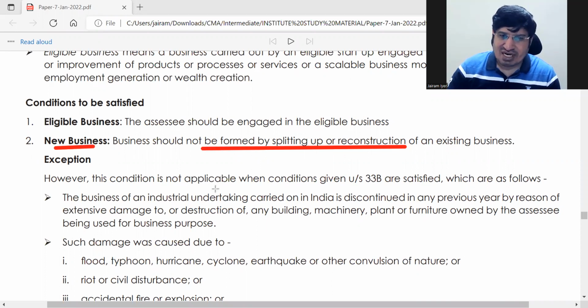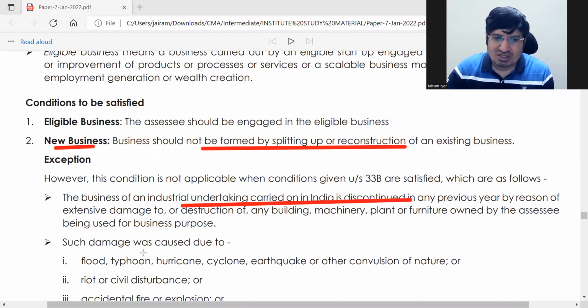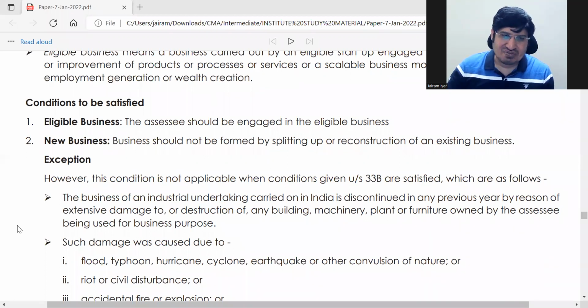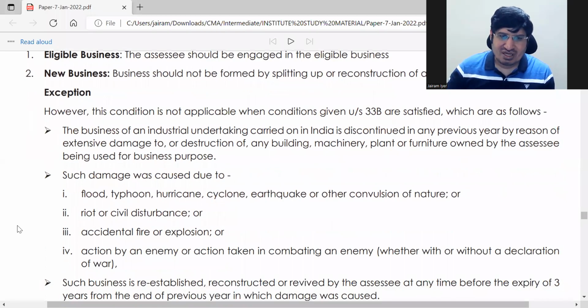Exceptions. We had seen that in previous point, if you remember, it is discontinued because of flood, typhoon, hurricane, riot, civil disturbance, accidental fire. ठीक है. Right? Same point is there exactly. ये पूरा point same. Action by enemy action. ठीक है. Right? Same point.